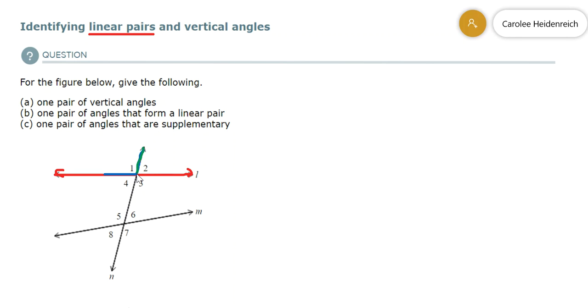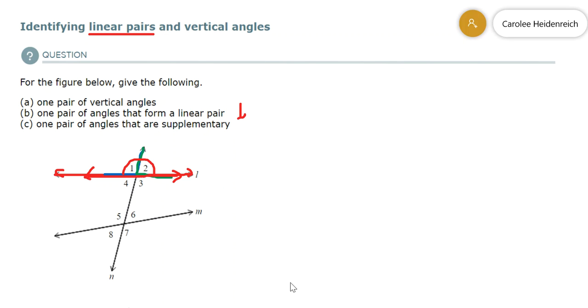Now when you put those two angles right next to each other, see how they form the line together. They form a 180 degree angle, because 180 degrees is what makes up a line. So 1 and 2 would be a linear pair.